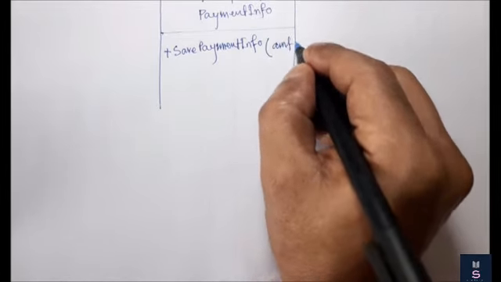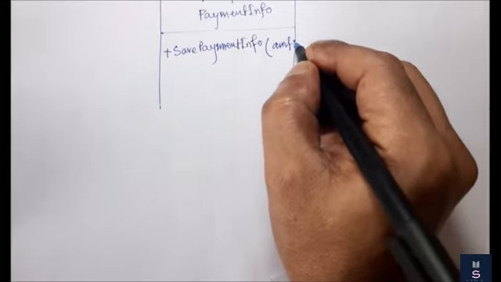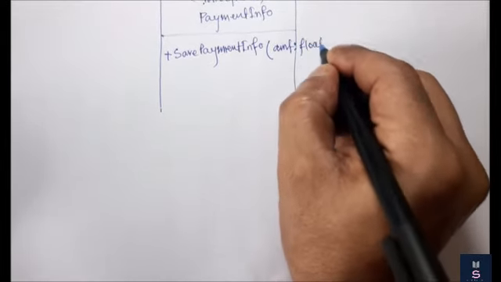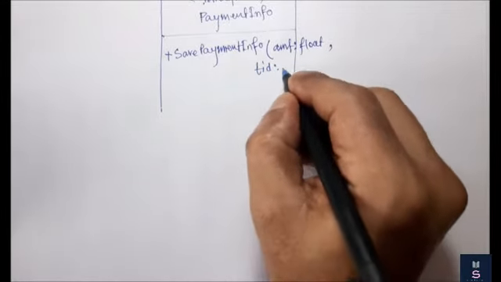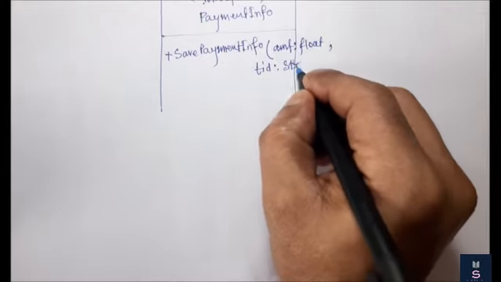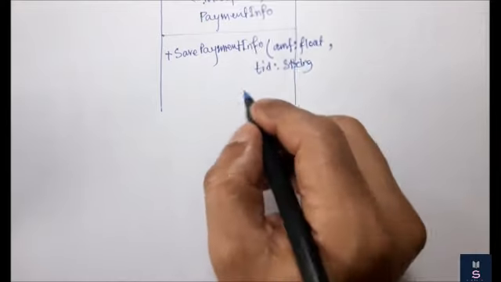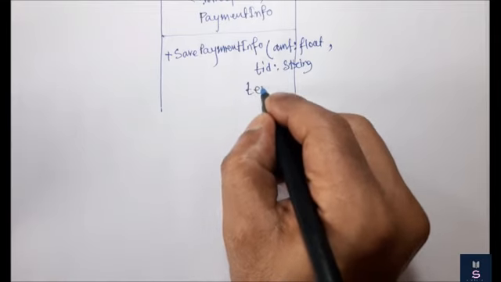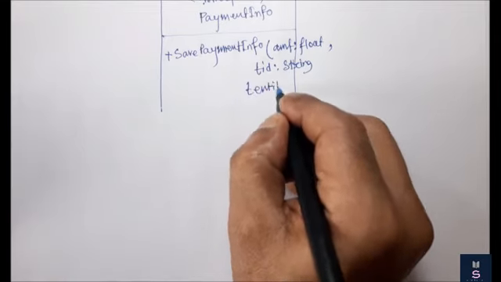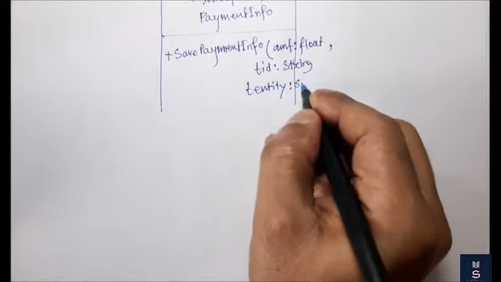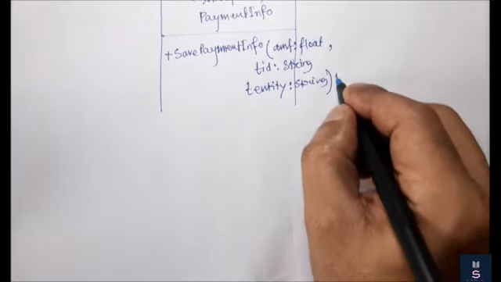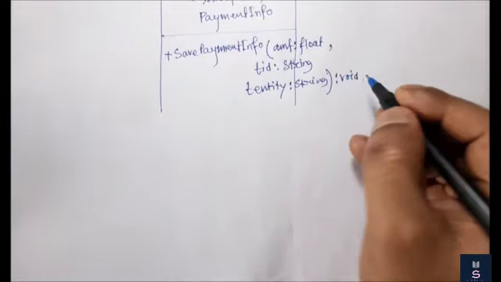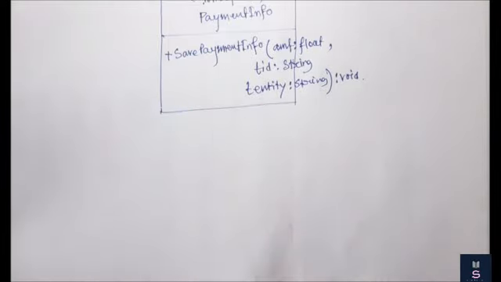For example, the amount is float, and transactionID is string, and transactionEntity, that is string, and the return type of this method is, for example, void. So you can write like this, no problem, okay. So that should be within a box. So I have just skipped.